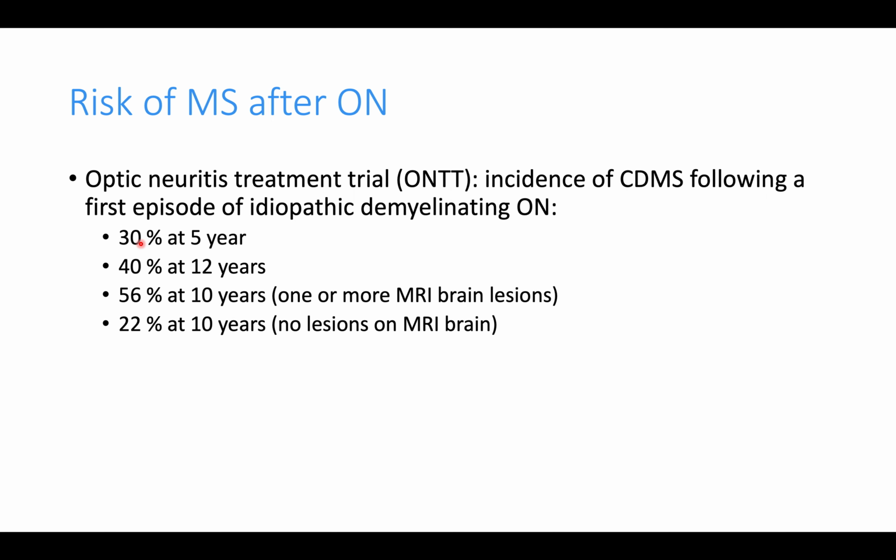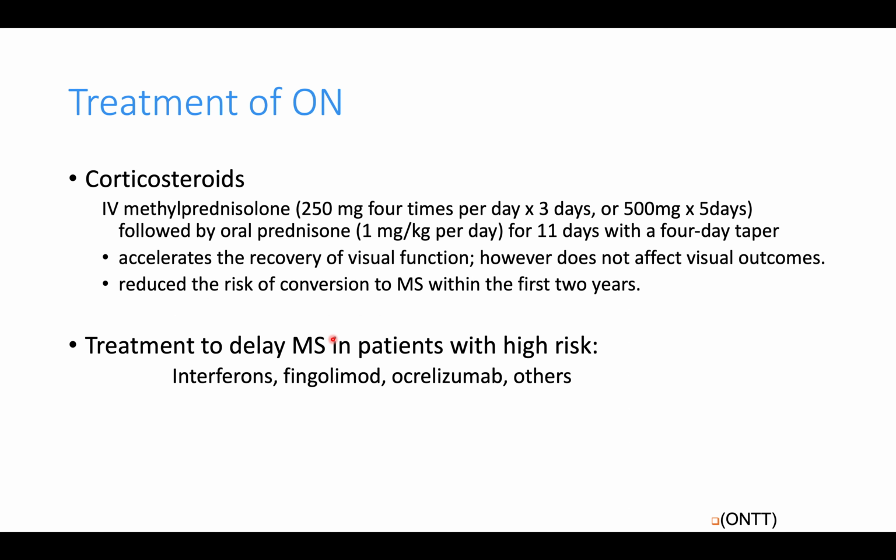So 30% in the first 5 years, and 40% chance he will get MS in the first 12 years, and it will jump to 56% in the 10 years if there is a lesion in the MRI of the brain, and it will be less if there is no lesion in the MRI of the brain.